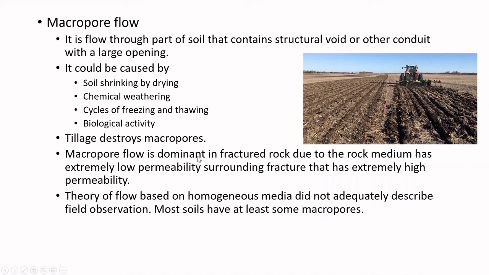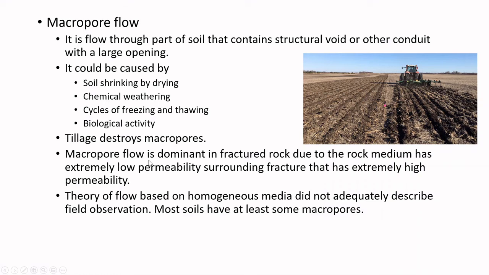Macropore flow is dominant in fractured rock because the rock medium has extremely low permeability while the surrounding fractures have extremely high permeability. It means that in fractured rock, the water can easily flow through the fracture space between the rocks.